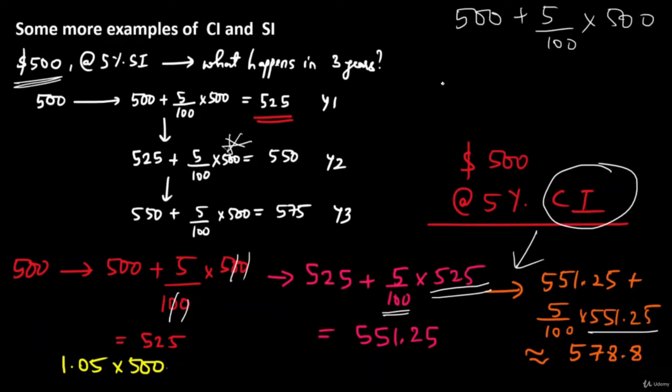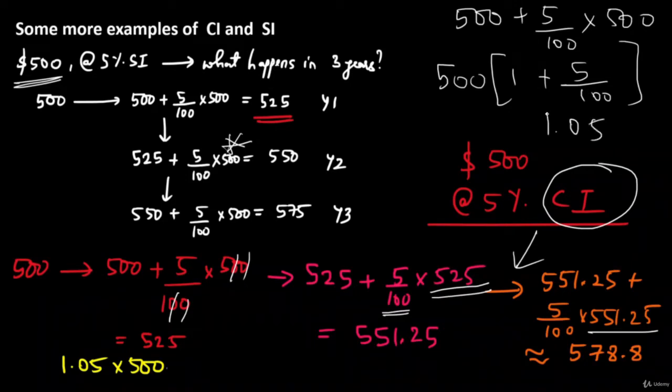Now let me take 500 out, which is common, and over here I am left with 1, and over here I am left with 5 by 100. All right. Now 5 by 100 is 0.05. So 1 plus 0.05 is 1.05. So this thing in the bracket is 1.05 and you have 500 outside. That's how I get 1.05 into 500. All right. Now let's proceed.